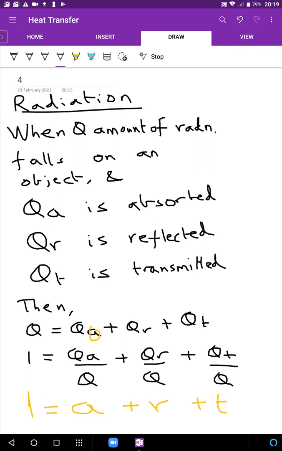QA is a symbol, Q is a symbol, and A is going to be a symbol representing this fraction. Please don't get confused. I'll define A in the next page. A is fraction absorbed, R is fraction reflected, T is fraction transmitted. The sum of the three is naturally 1.